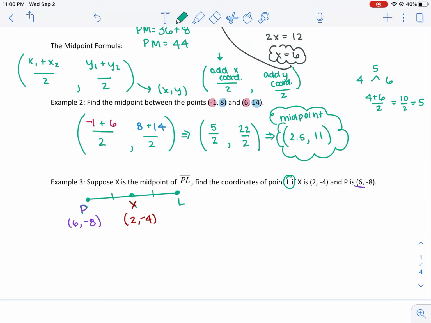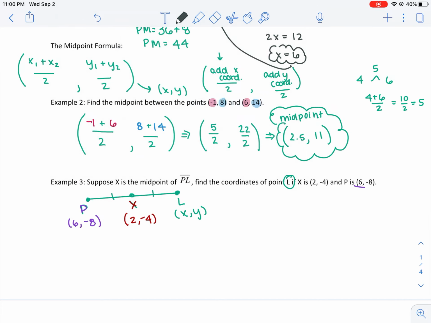So let's think about it. Technically, L is a point value, or a coordinate point. So I know that L should be some type of XY, right? Just because that's how we graph things. So what if, since I know what it should be equal to, I work backwards.